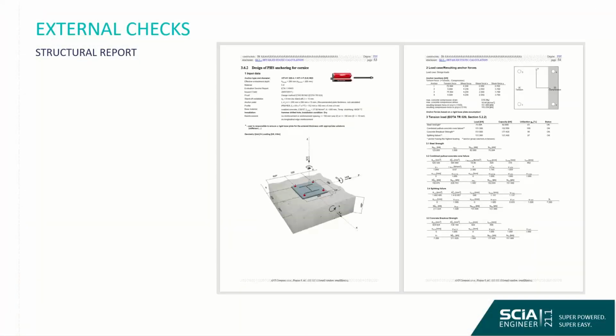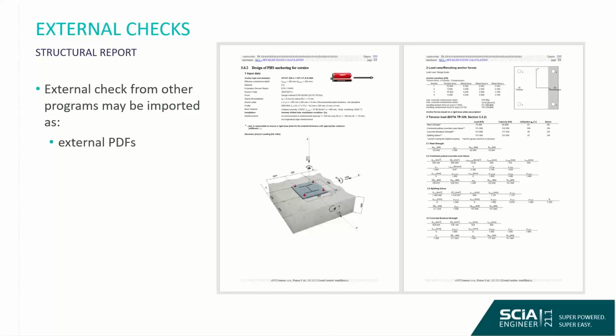External checks. I've talked about that also in the beginning, and the way you can plug in external checks. For example, in this example, it's the Hilti check for anchorage. You can do that as an external item, an external PDF, exactly the same as for the cover page that we created in the very beginning of this webinar.